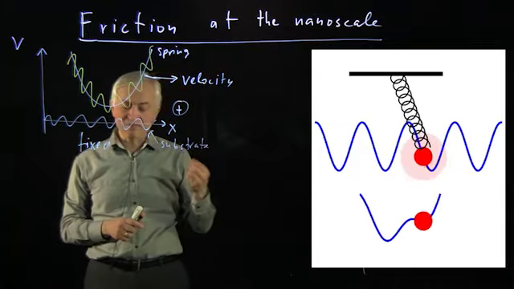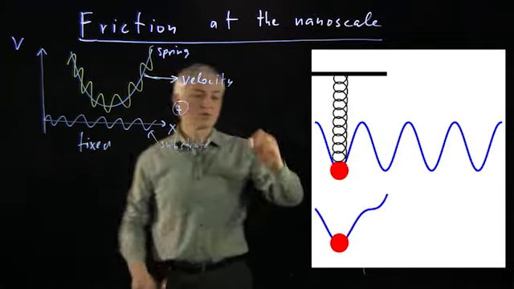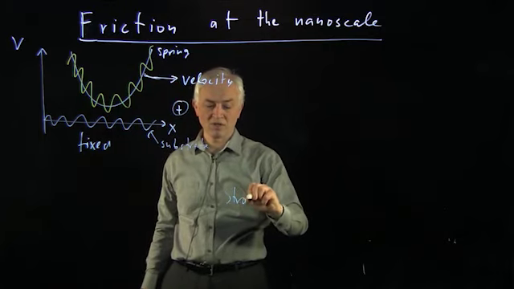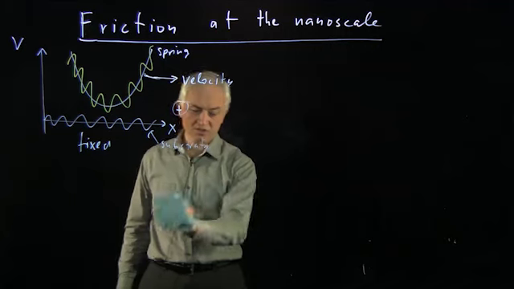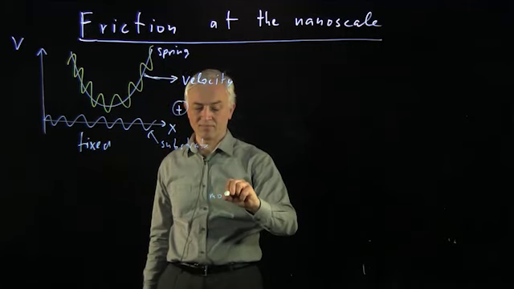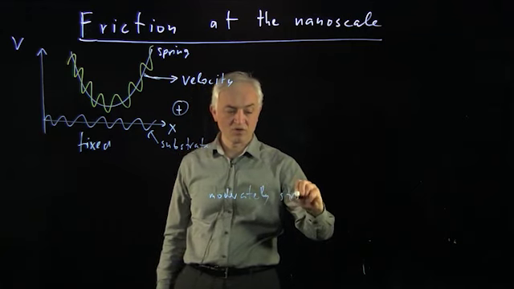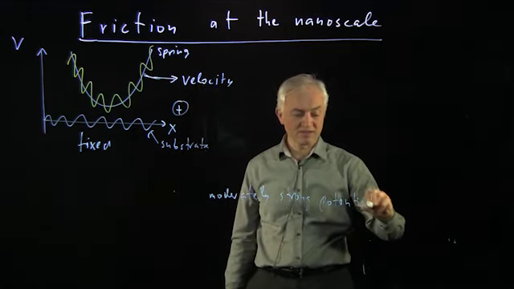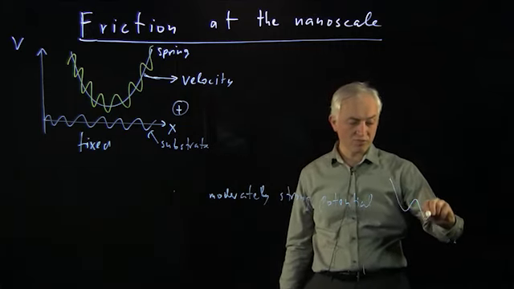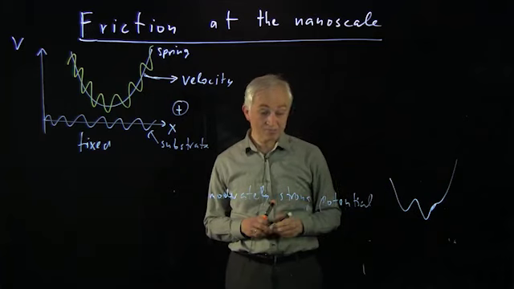Now we can have a different situation. So this was for a moderately strong potential. Basically this was a situation where there are just two minima in the potential, like so.